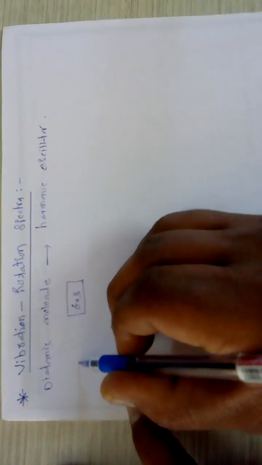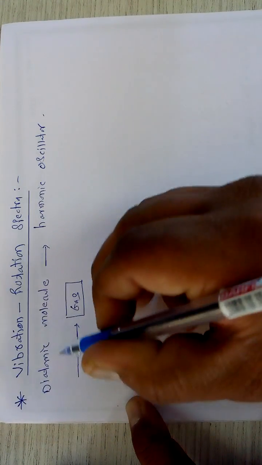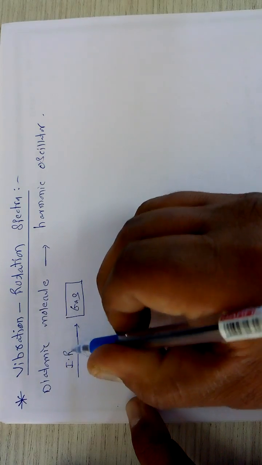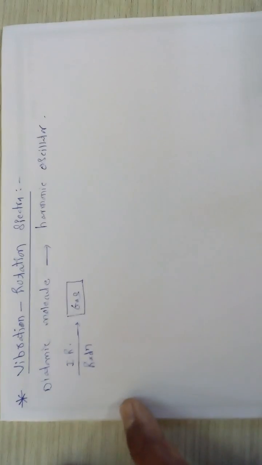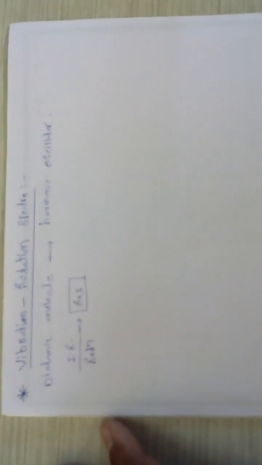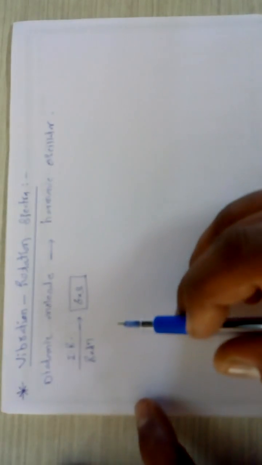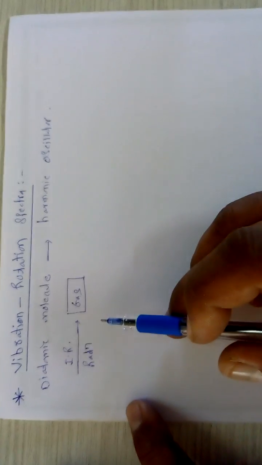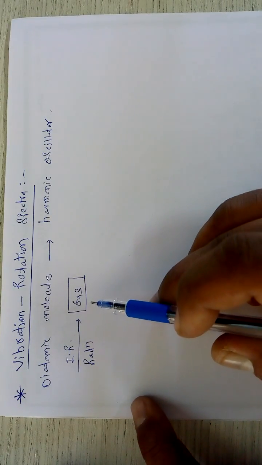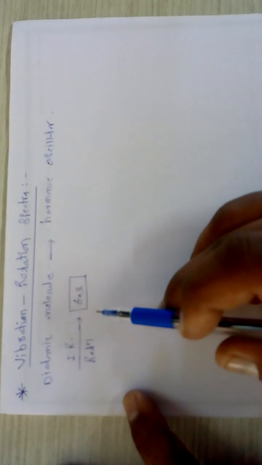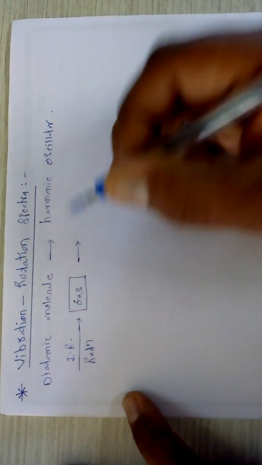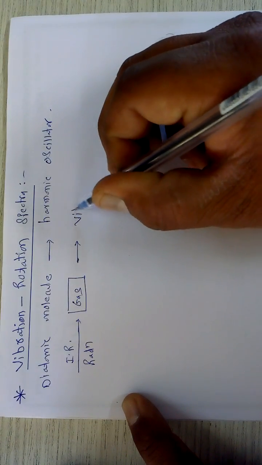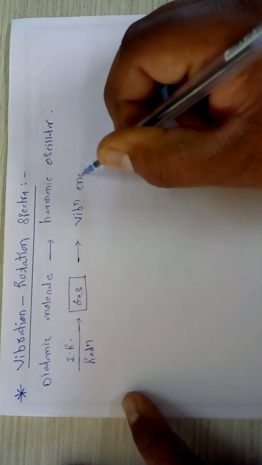So what happens whenever we apply IR radiation to this particular molecule in the gas phase? We know that whenever the IR radiation is absorbed by this type of molecule in the gas phase, there is a change in its vibrational energy levels.